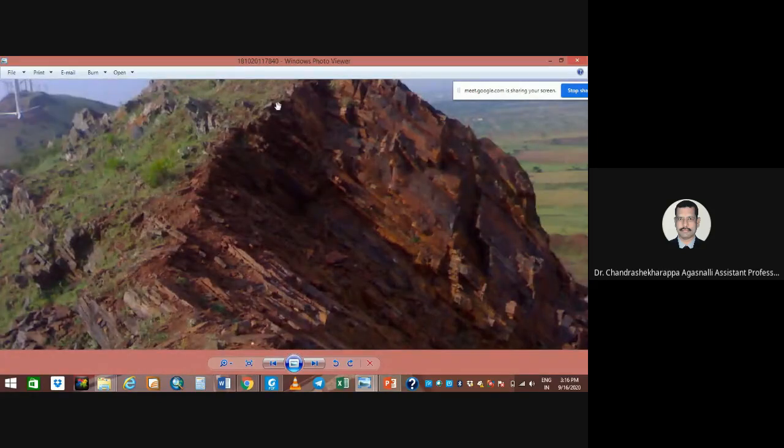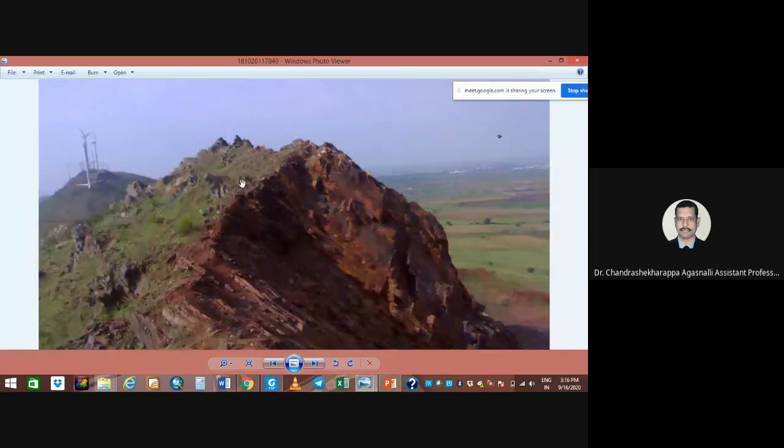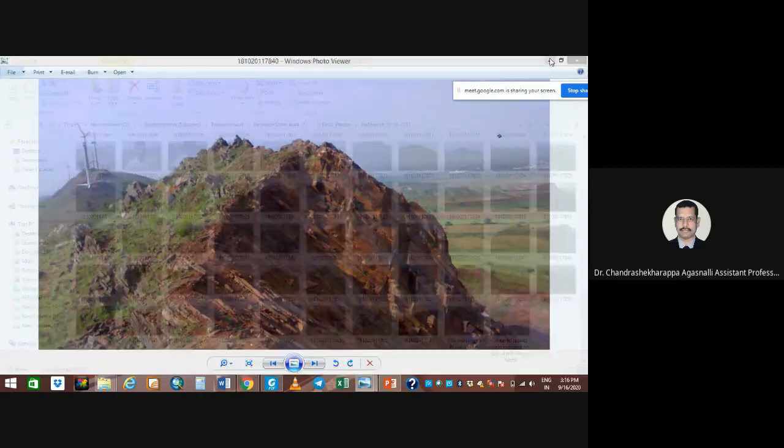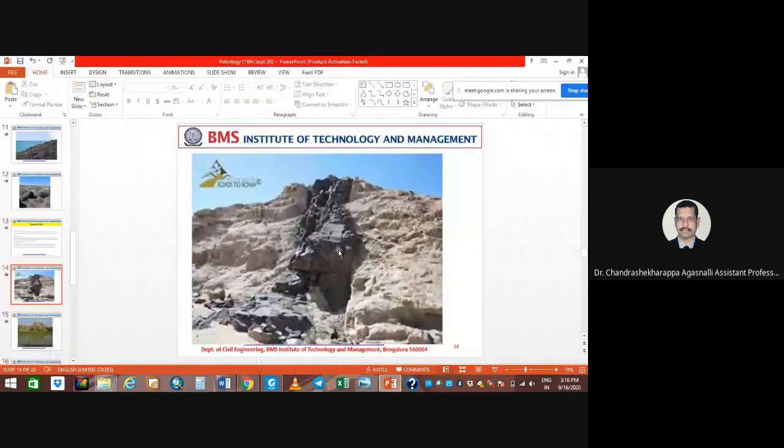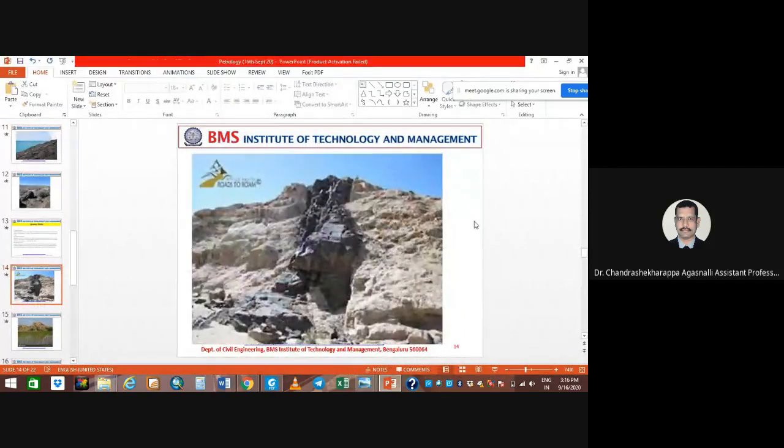It will also be there in one of the formations, but it is very difficult to identify. But when it comes to the dolerite dike, it cuts across almost all these formations across the strike. So generally it will be like this, an east-west strike direction, and across this, this dolerite dike is formed.